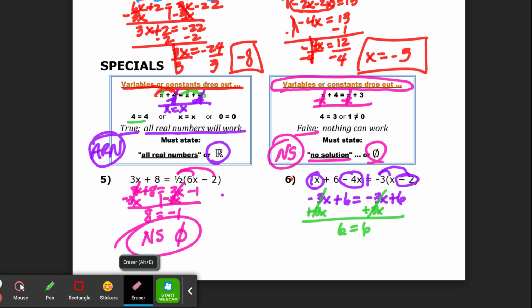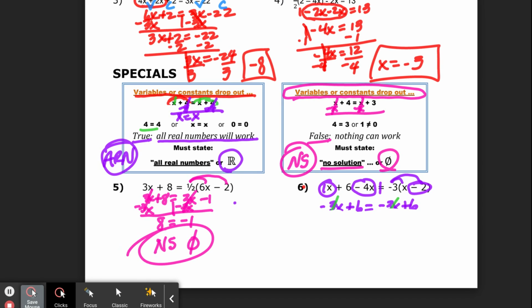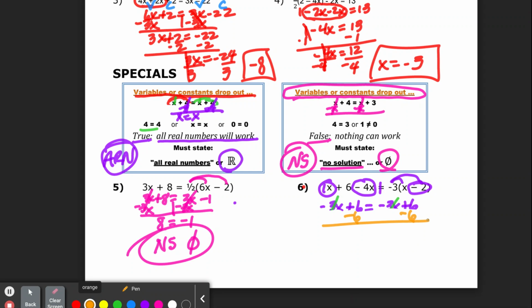Or if I decide to subtract 6 from both sides, then I have negative 3x is equal to negative 3x. Either way, the left side is equal to the right side. So therefore, this is true.